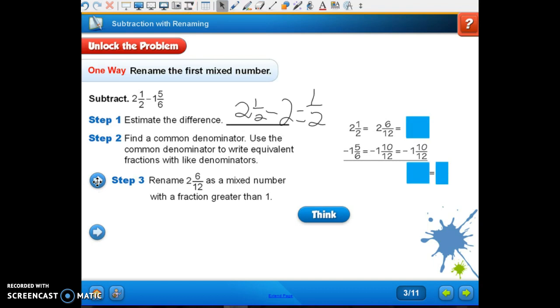Rename 2 6/12 as a mixed number with a fraction greater than 1. Because you'll see here we have 6/12 and 10/12. Can I have 6 and take 10 away from that? No. So we're going to have to regroup just like we do when we are doing subtraction without fractions.